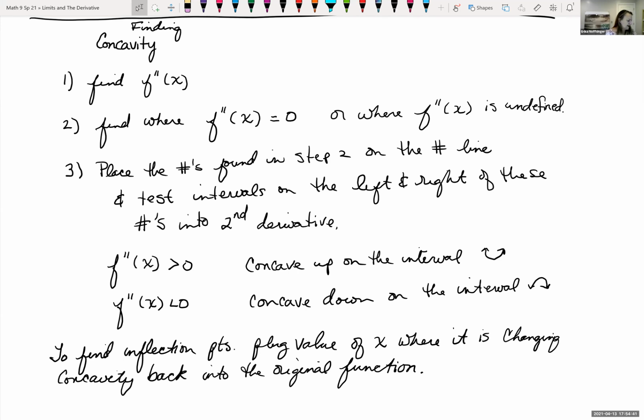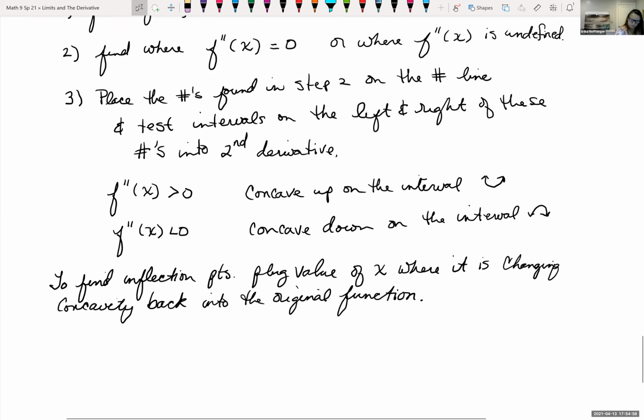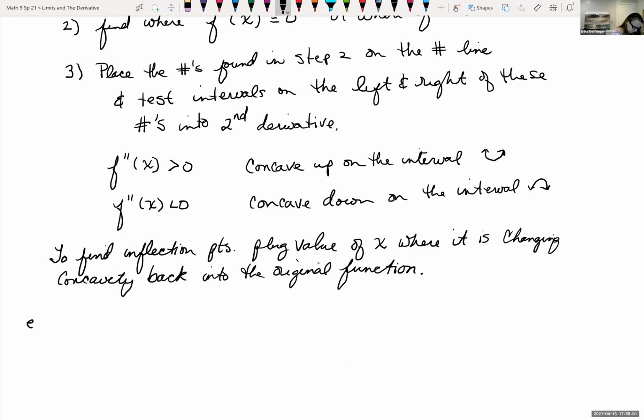Okay, so let's look at one example and then we'll take a break. Let me pull out one of the easier ones. Okay, so it says find the open intervals where the function is concave upward or concave downward.